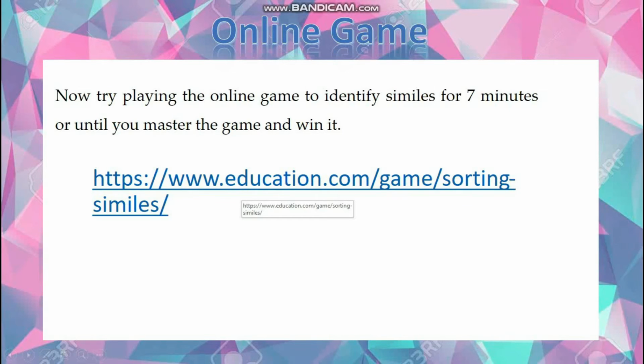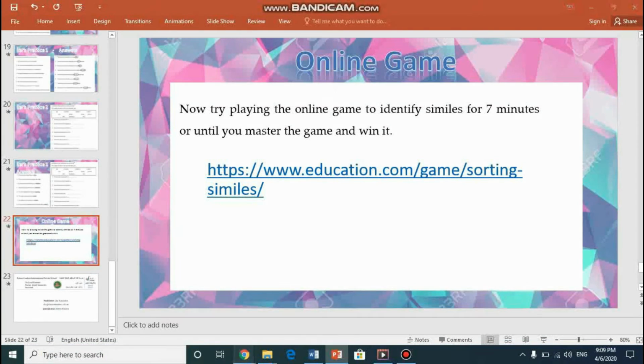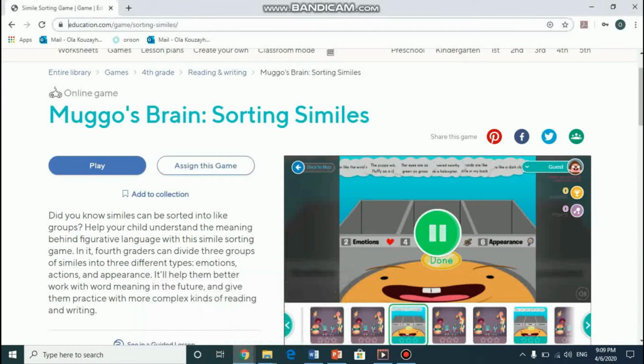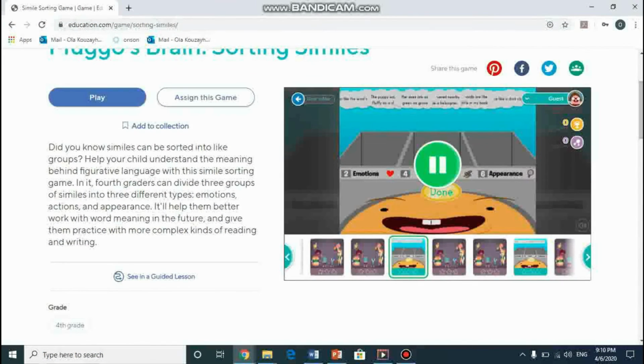Now the minute that you press on this link, it will take you to a page, and this is the actual page that you will see. And the game is the following: Muggo's Brain Sorting Similes. Now, if you see the description of the game right here, it says: did you know similes can be sorted into like groups?